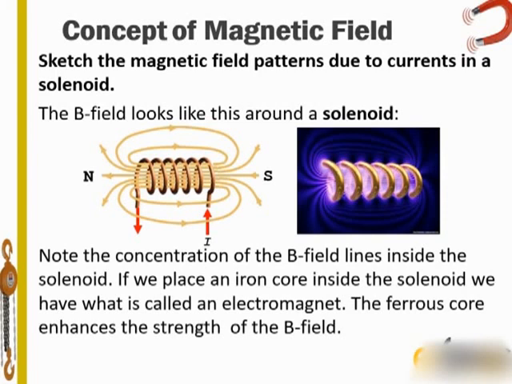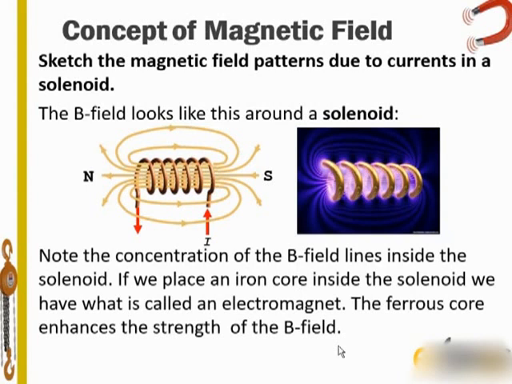So in other words, by passing a current through a coil to produce a magnetic field, and then putting an iron core in the middle, you've increased the strength of the magnetic field coming from that solenoid.